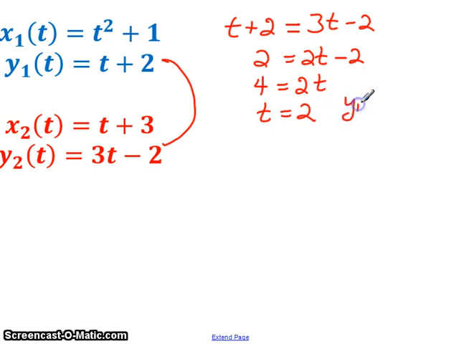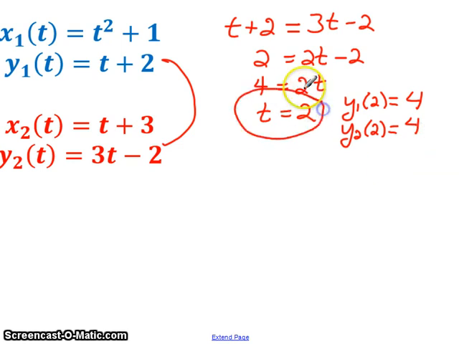And we'll just go ahead and see what the y values are. When t equals 2, y sub 1 is 2 plus 2 is 4, and so we would expect y2 when t equals 2 to be 4 as well. We have 2 times 3 is 6 minus 2, and that's equal to 4.